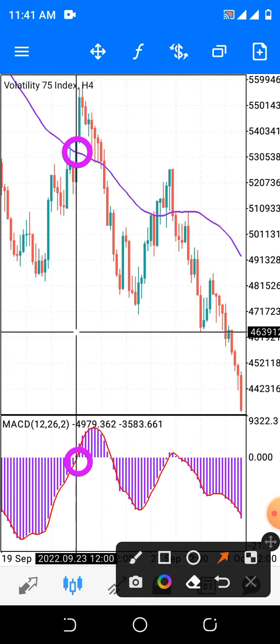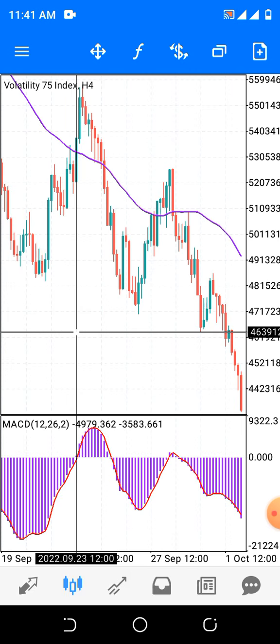If you are selling, your stop loss should be just above the moving average. So that's it.